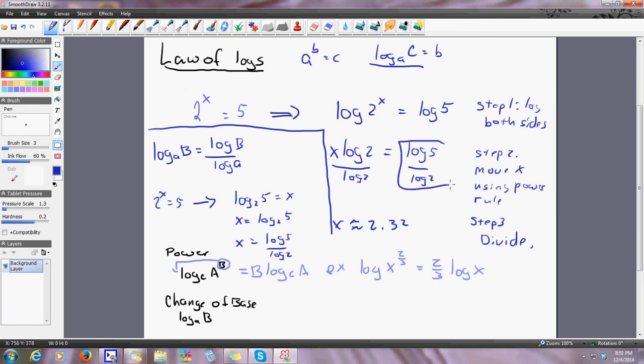But that's what we end up getting anyway if we had just proceeded as is. So you can see, here's where I'm starting. But instead of doing all that work, I can convert from exponential form to logarithmic form, which was the very first thing I wrote up, and then I can use the change of base formula, which is this.